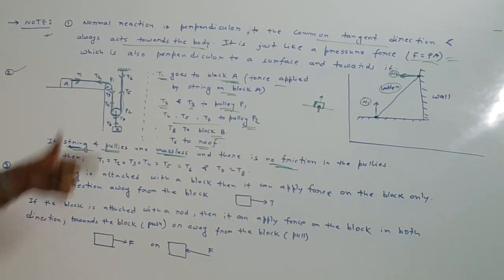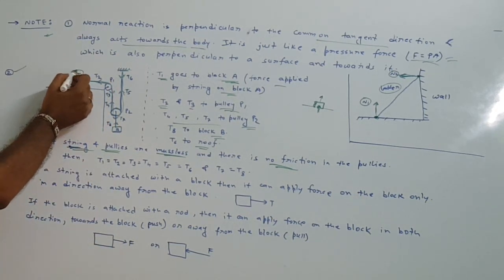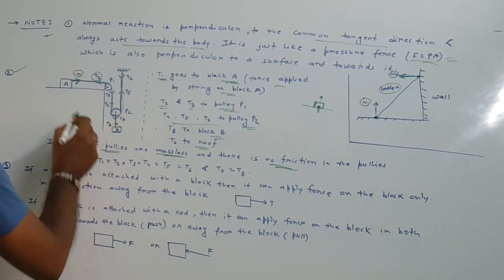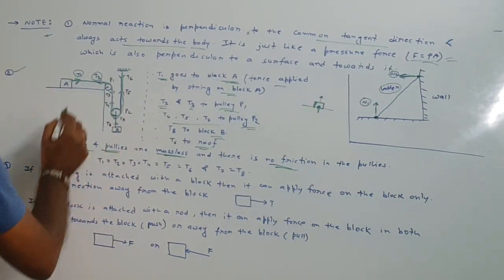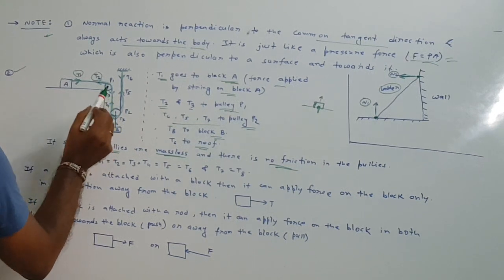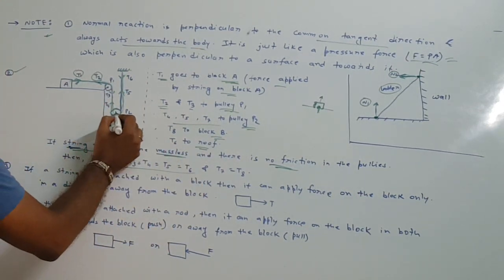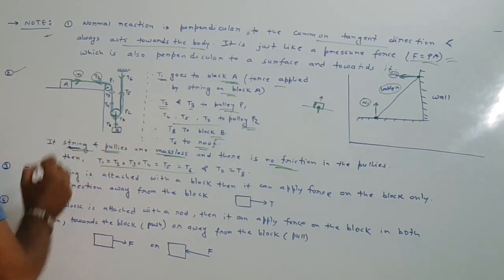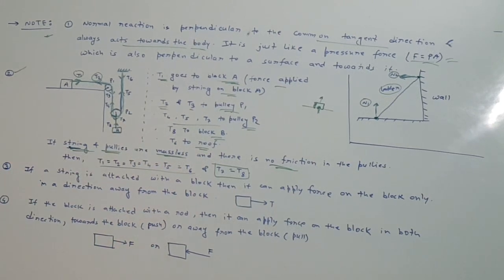We have already seen in the previous slide that if the string is massless and the pulley is massless and frictionless, then the tension will be the same. So in this case, as this is one string, T1, T2, T3, T4, T5, T6 will be the same, and this is another string. Remember, this is another string, that is why these two tension forces will be the same.